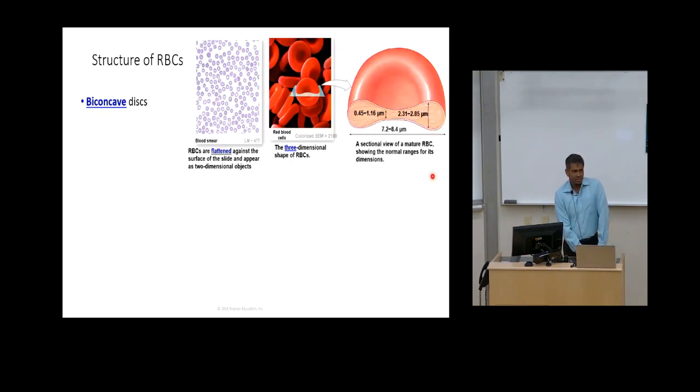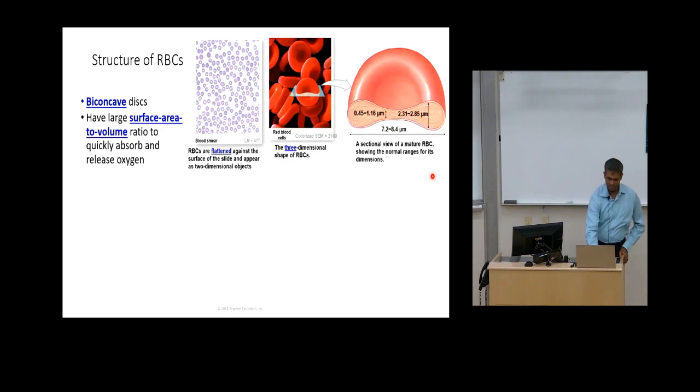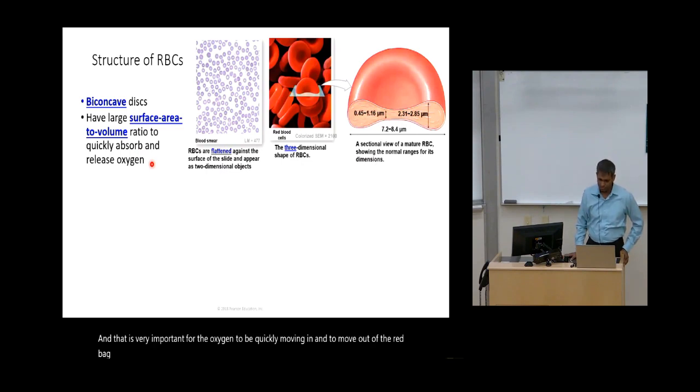The reason I give you these dimensions is not to have you memorize it, but just to appreciate how there is going to be a large surface area to volume ratio. Because of this biconcave shape and also the small size of these cells, you have a large surface area to volume ratio, and that is very important for oxygen to quickly move in and out of the red blood cells.